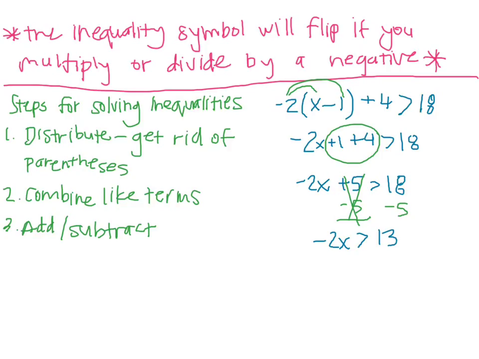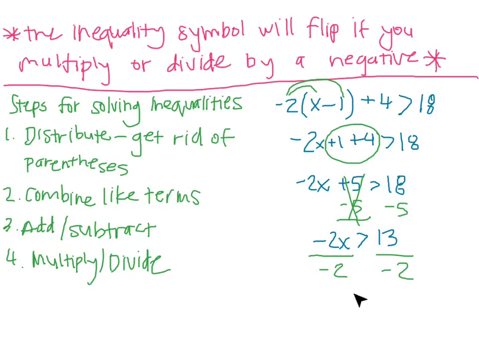And finally, I need to multiply or divide. So I need to break apart that -2 and the x, so I'm going to divide by -2. Now, remember, we said that the inequality symbol will flip if you multiply or divide by a negative.